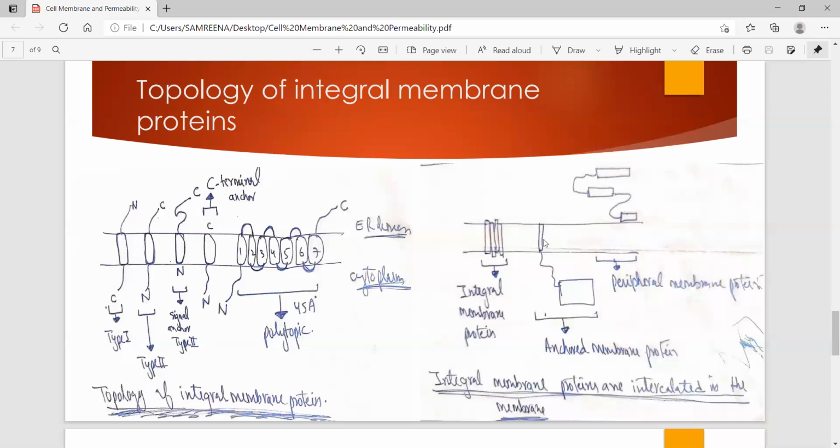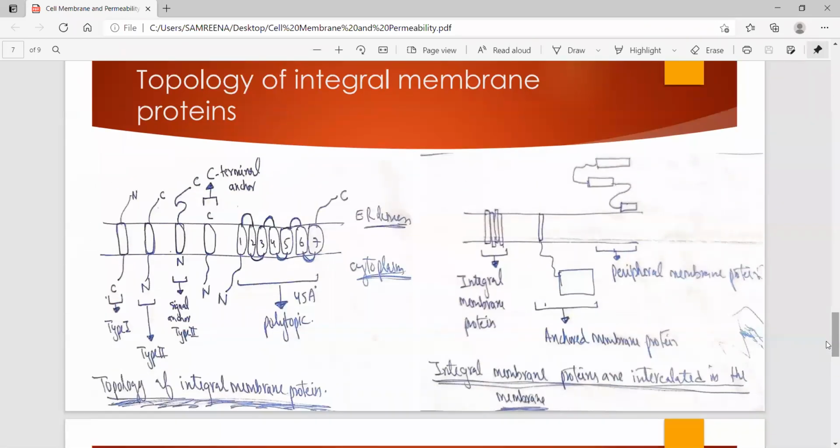We have some examples where integral proteins are there, but inside the cell they are anchored or attached with some other proteins. Our transmembrane protein has another protein attached from the inside. These are called anchored membrane proteins. Or there are some proteins which are found only on the periphery, either outside or inside.